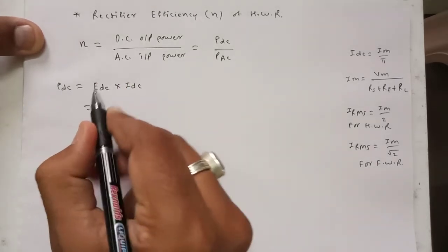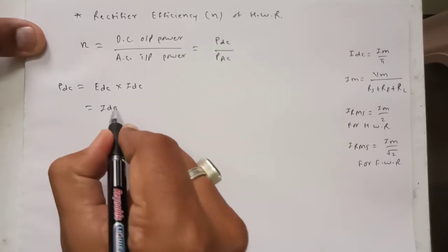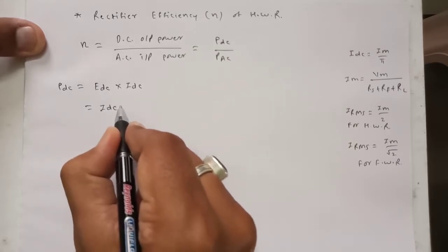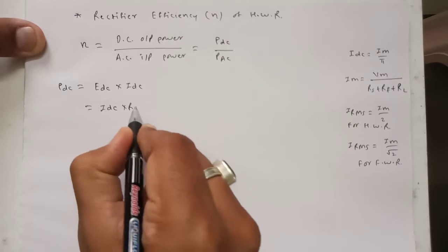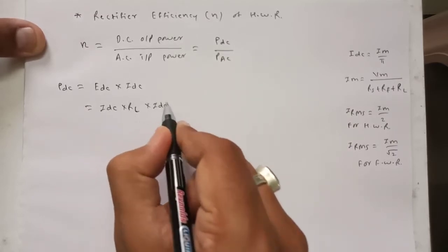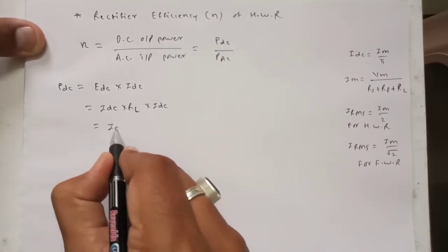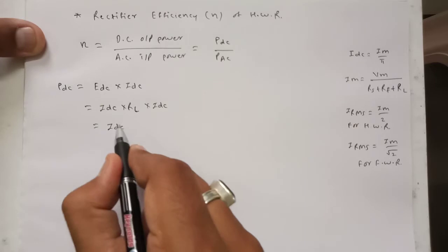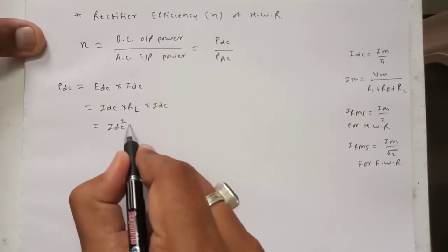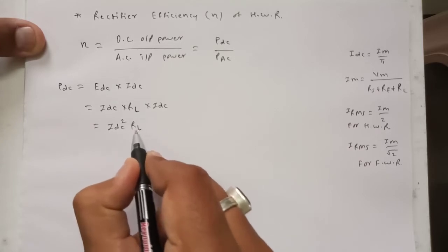Further, we know that this EDC can be written like IDC into RL, right? And this IDC as it is. So in that way, the equation of PDC is equal to IDC square multiplied by RL, right?